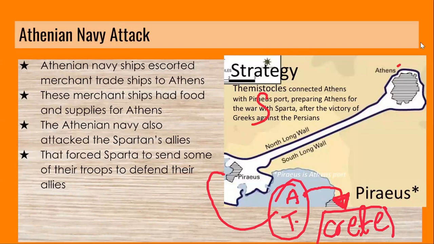Some of Sparta's military has to go protect Crete because Crete and Sparta are friends. So Sparta's military is going to come down to help Crete, okay? So now Sparta's military, half of it is down here, the other half is up here, and Athens has really divided their enemy, which is kind of the goal when going into war.